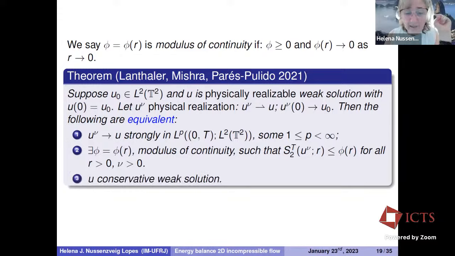And 3: U is a conservative weak solution. So they proved that 1 if and only if 2, if and only if 3. In particular, 1 if and only if 3.